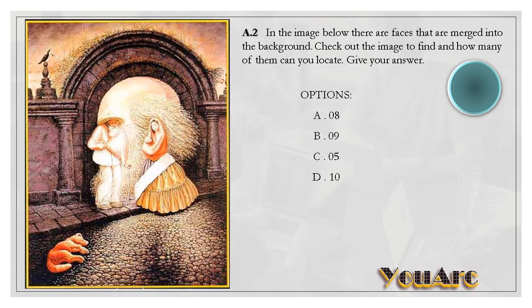This is our second sample question. In the image, there are faces that are merged into the background. Check out the image and find how many of them you can locate. Give your answers. Your time starts now.